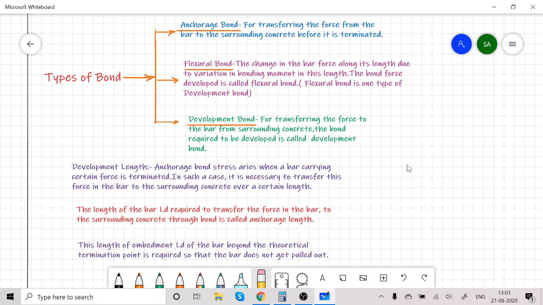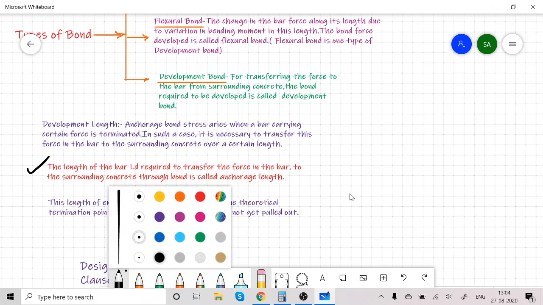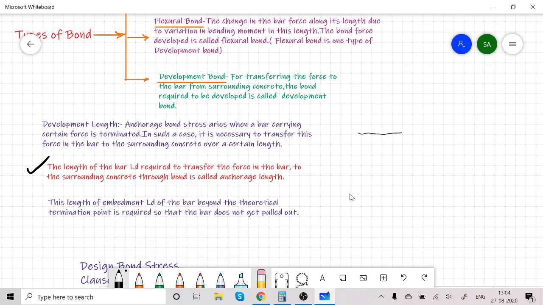The length of the bar LD required to transfer the force in the bar to the surrounding concrete through bond is called anchorage length. The length of embedment LD of the bar beyond the theoretical termination point is required so that the bar does not get pulled out.